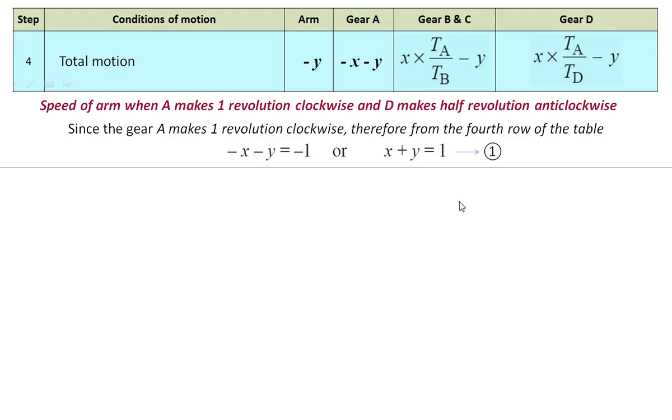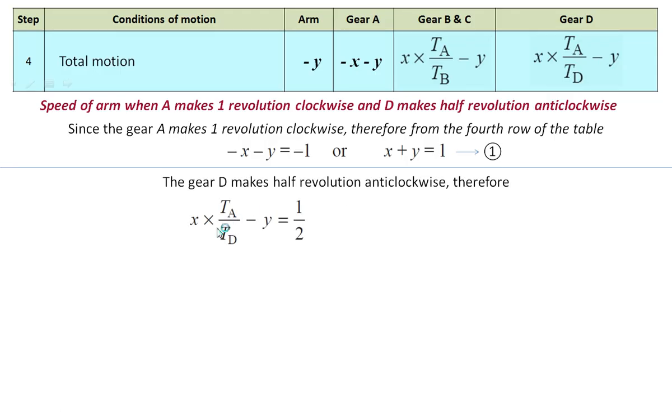Further, let us consider the second condition, that is D makes half revolution anti-clockwise. So for D we have this relation x into TA divided by TD minus y equal to half as per the condition given in the problem.